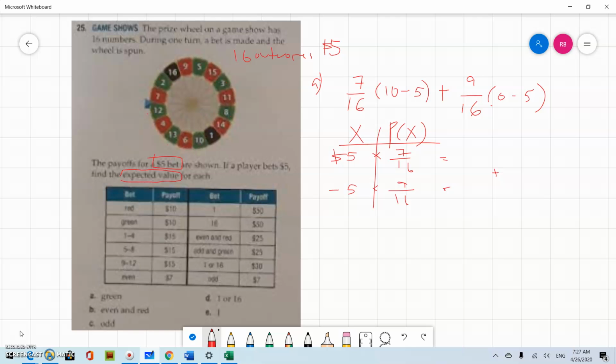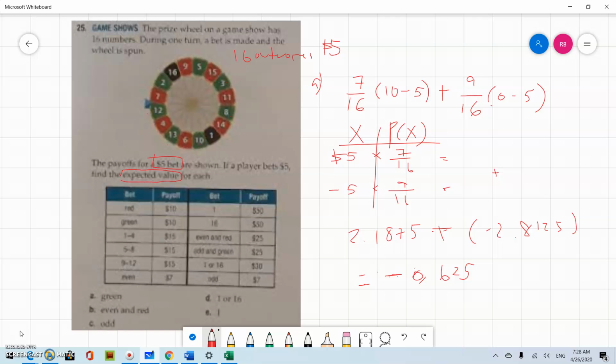So let's find that out. It's 2.1875 for the first one, and then minus 2.8125. So when you add them together, you can tell that it's going to give you a negative number.